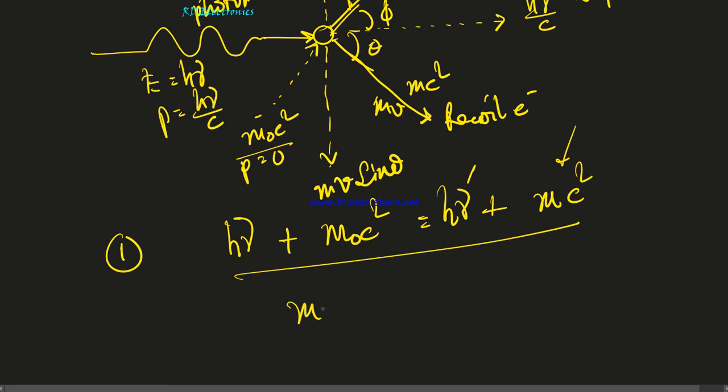So from here we get mc square equals h nu minus nu dash plus m0c square.